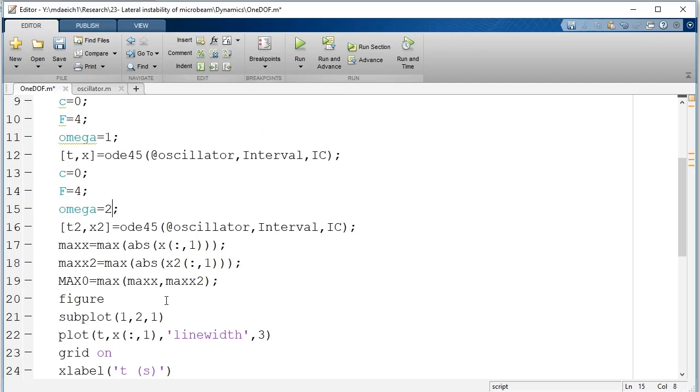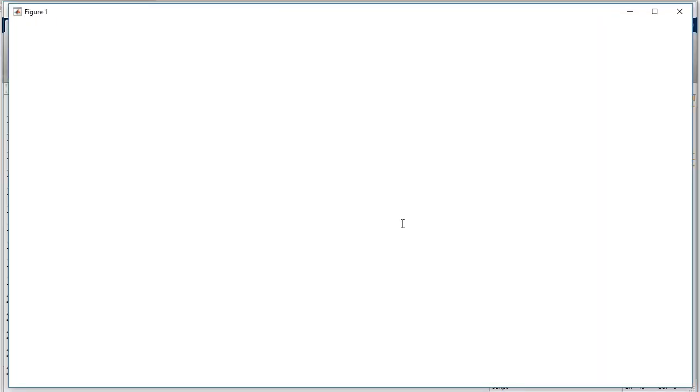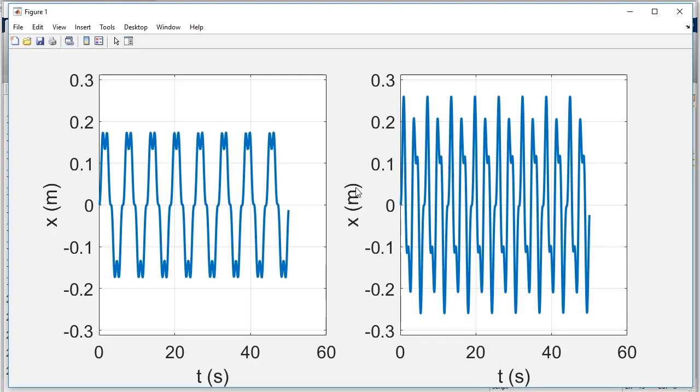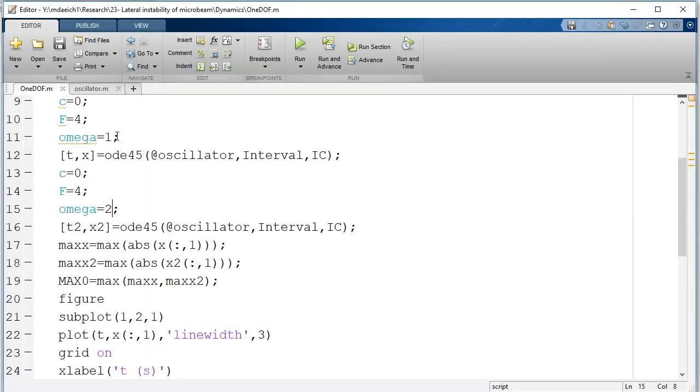The left graph would be for omega 1, the right graph would be for omega 2. You can see that as we are going from omega 1 to omega 2, the amplitude is increasing. Let's now keep this one, bring it here, and then draw omega equal to 3 on this side. So let's have omega 2 and omega 3 here.